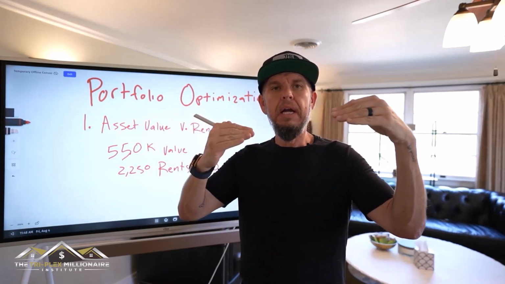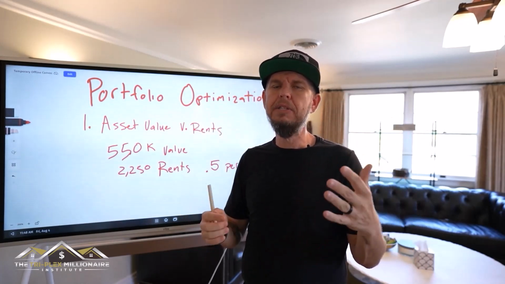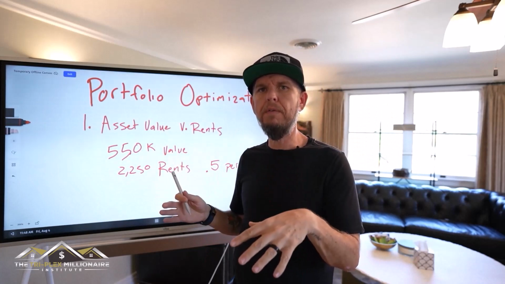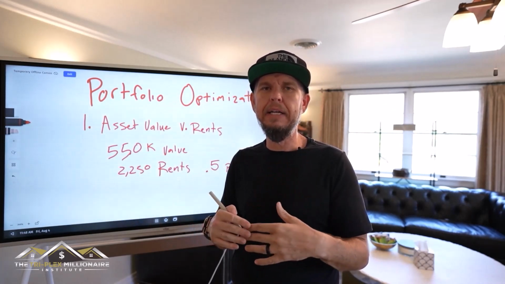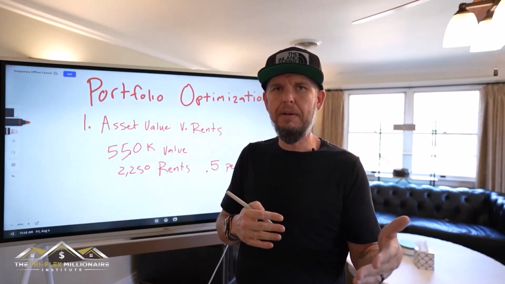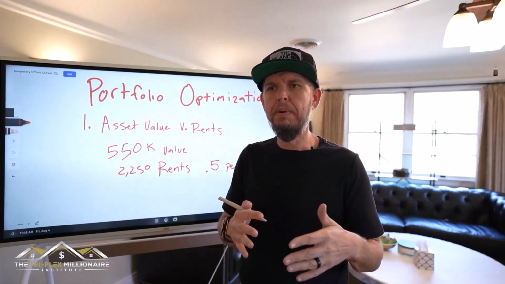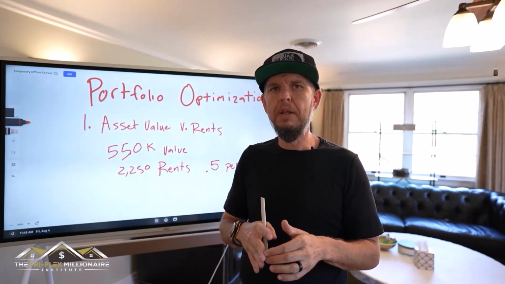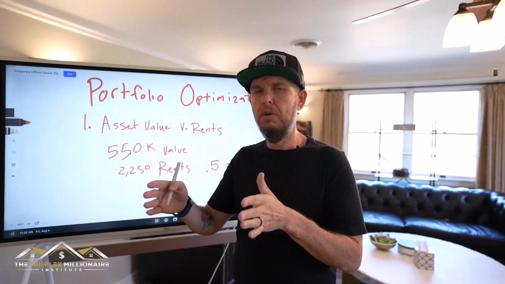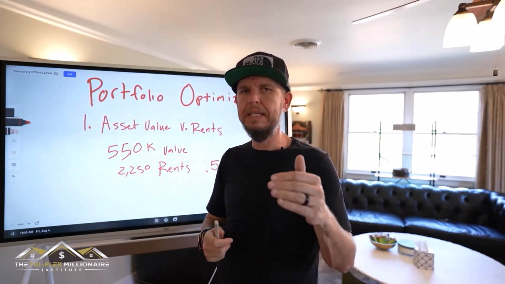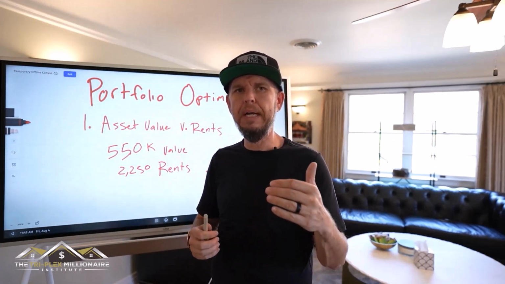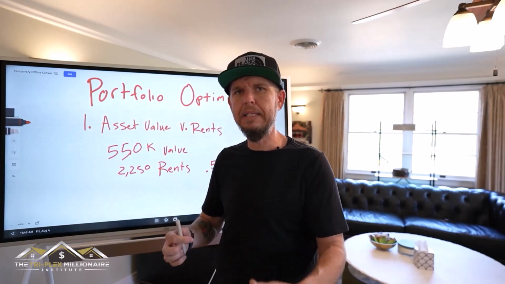There are lots of other pieces that make a difference as to whether that adds an extreme amount of value or only a little bit. But long term, when we look at cash flow or rents versus value, that's the first piece, a telltale sign of how much we can help ourselves or our clients.